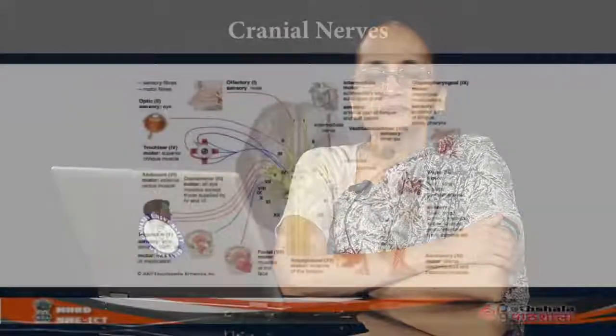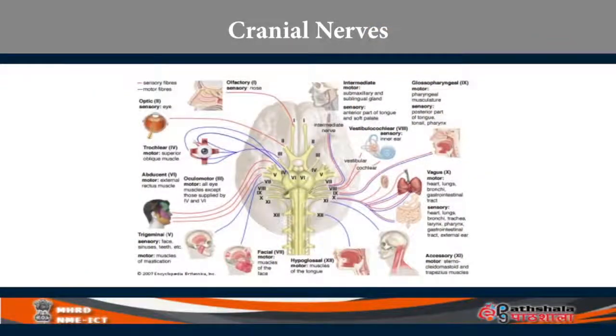Now I will only show you one picture of the brain turned back to show you where the 12 cranial nerves originate. Look at the picture. The two hemispheres are shown from the back, and if you pay attention, cranial nerve number 1 is olfactory, it's right on top, whereas cranial nerve number 12 is relatively at the bottom towards the end, and so you have 1, 2, 3, 4.